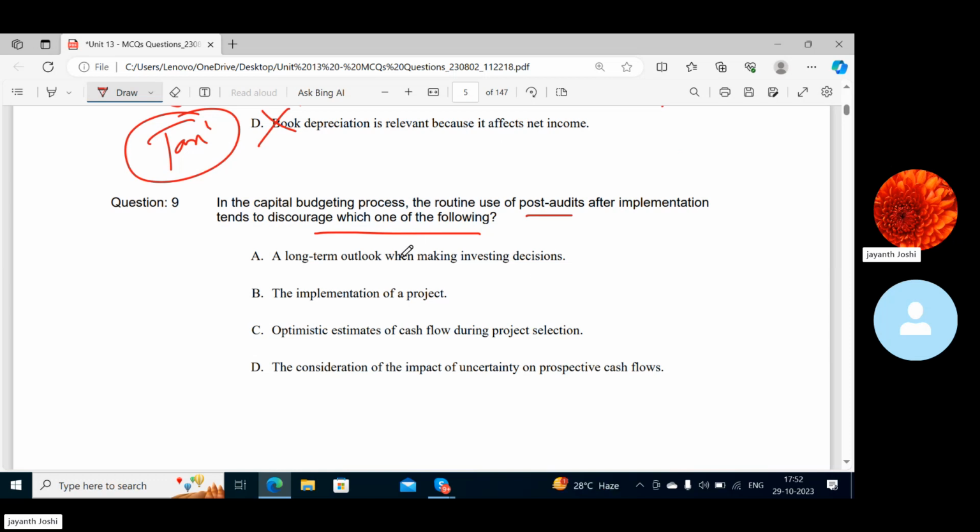See, capital budgeting projects are long-term by definition. Just a second. So in the capital budgeting process, the routine use of post audits after implementation. After you have taken some project and when you conduct post audit, it will discourage which one of the following?